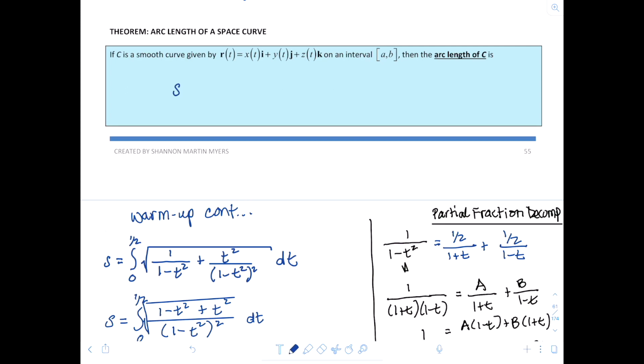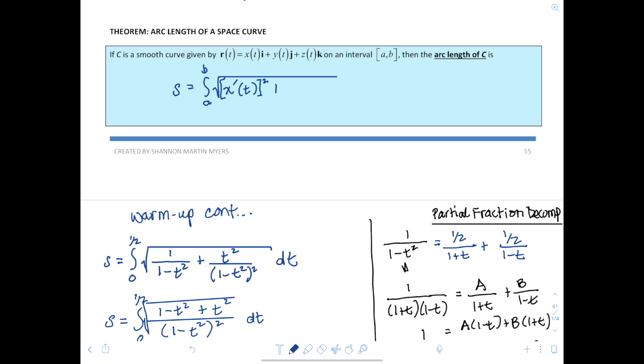S is equal to the integral from a to b. And it should be real easy to remember because, again, you're going to have the derivative with respect to t of your x function, your x prime rather. So I'm going to write it as x prime at t squared, which is how we could have written dx/dt before.